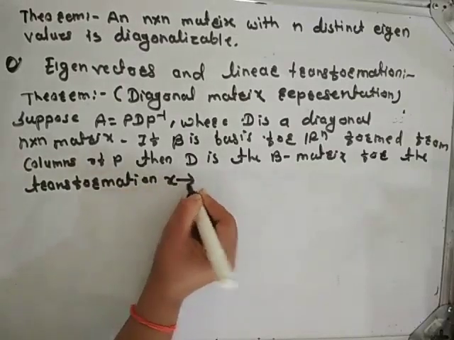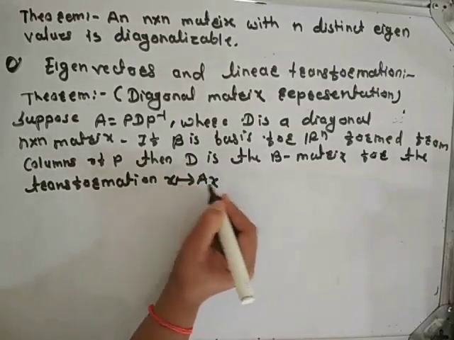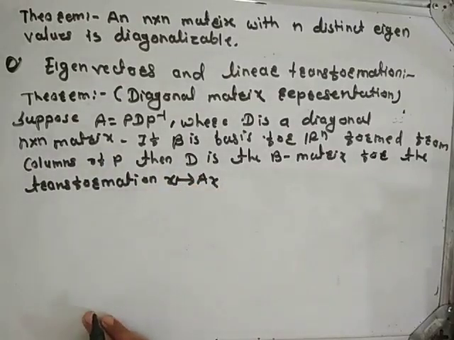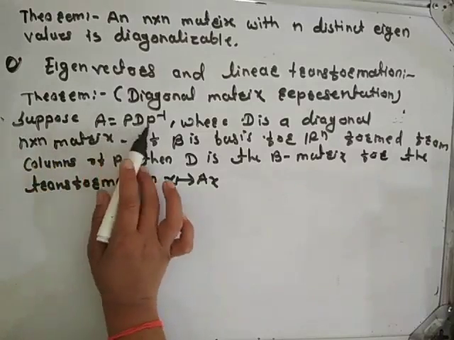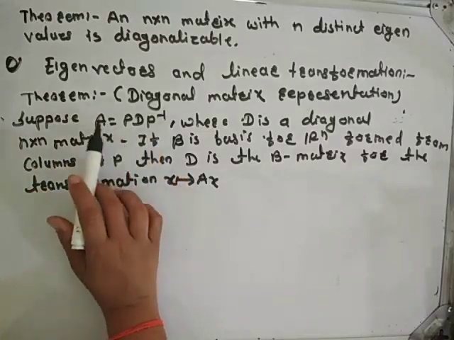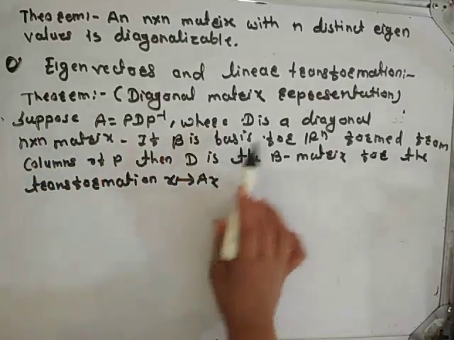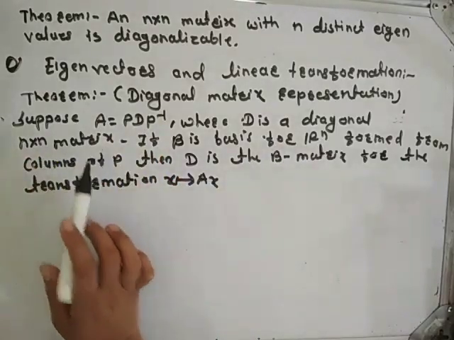x to Ax. What is the diagonal matrix representation theorem? Suppose A equals PDP inverse, meaning A is a diagonalizable matrix, where D is a diagonal n by n matrix.